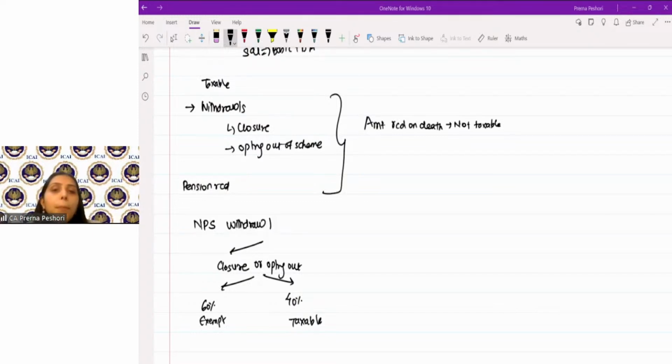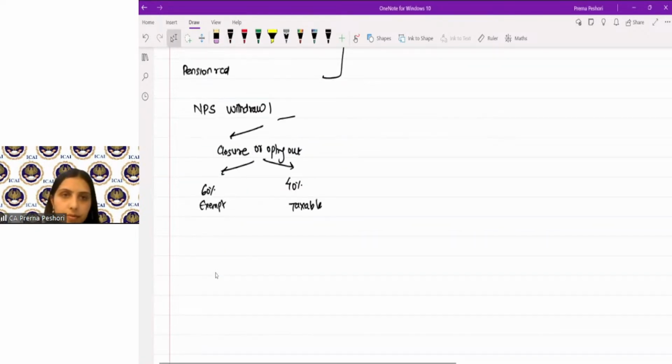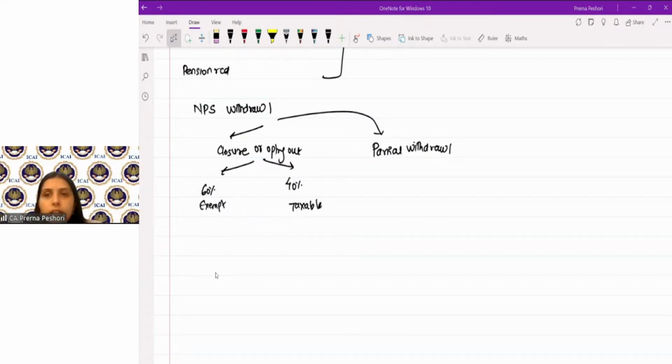In case of partial withdrawal, where there is no closing or opting out, but there is partial withdrawal, if the employee takes the partial withdrawal from NPS, not exceeding 25% of his contribution, then that amount will be exempt.